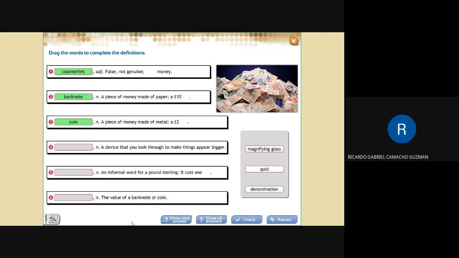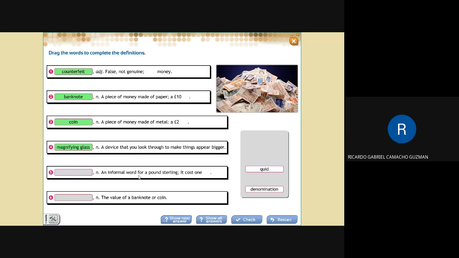Yes, it is a magnifying glass. If you don't know what a magnifying glass is, this one is una lupa. All right, that's the name of that device in English. Magnifying glass. Si nosotros lo traducimos, vendría siendo un vidrio magnificador, pero suena mejor lupa. It sounds much better.